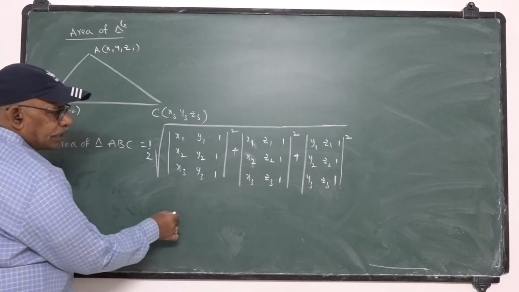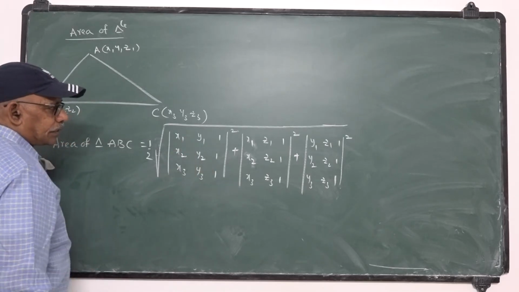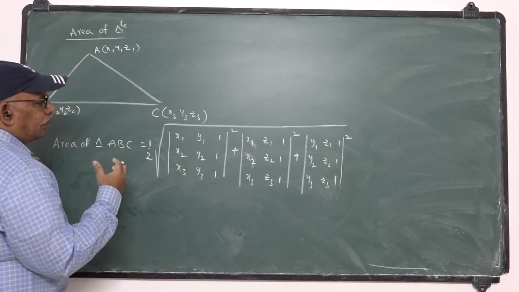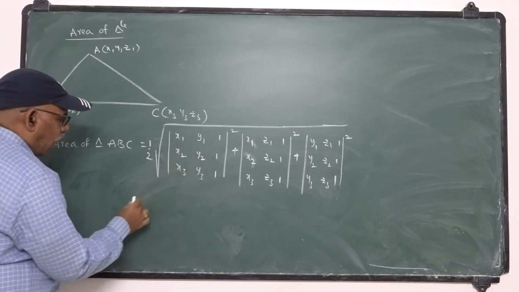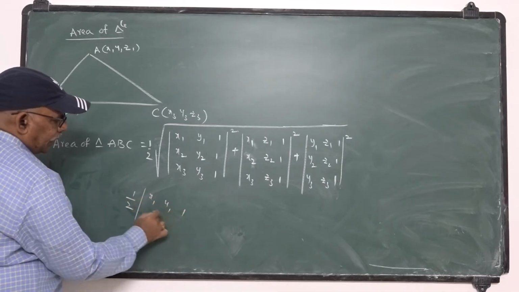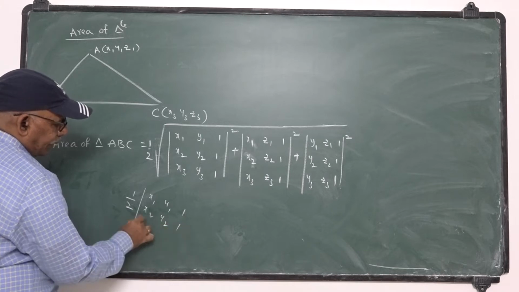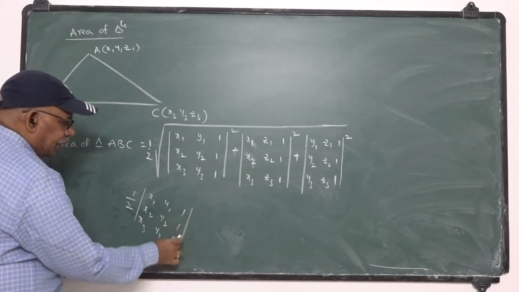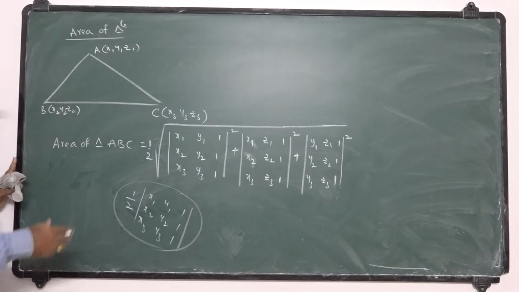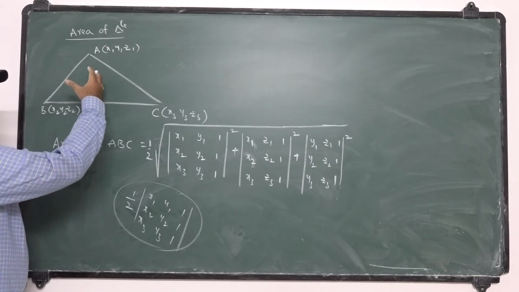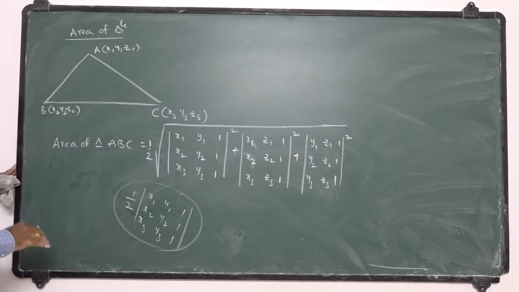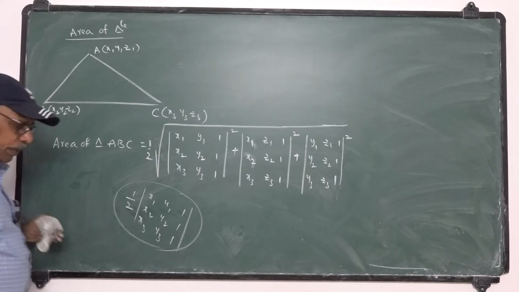Actually, this determinant, half of x1, y1, 1, x2, y2, 1, x3, y3, 1, gives us the area of projection of triangle ABC on the XY plane.